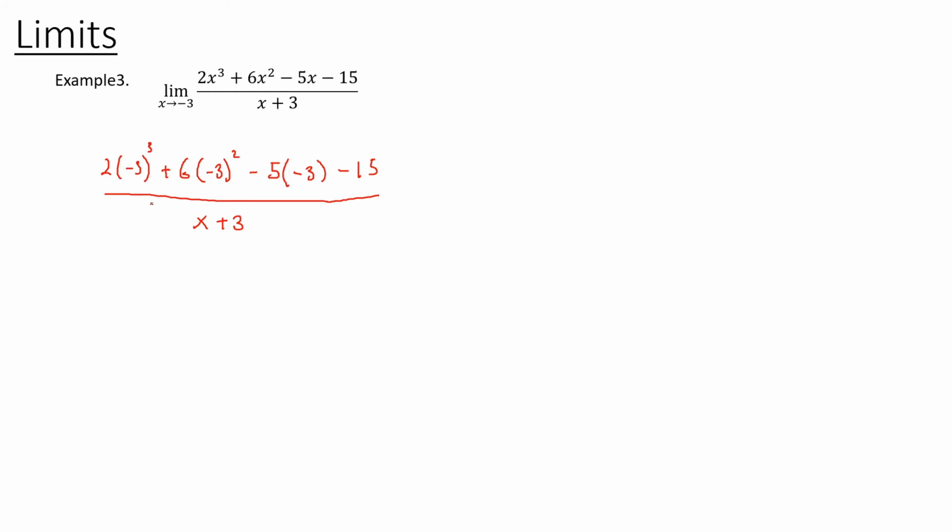This will come out to be negative 54 plus 54, which is 9 times 6. This will be positive 15, and you have minus 15 over negative 3 plus 3, which means you get 0 over 0, which again we talked about.